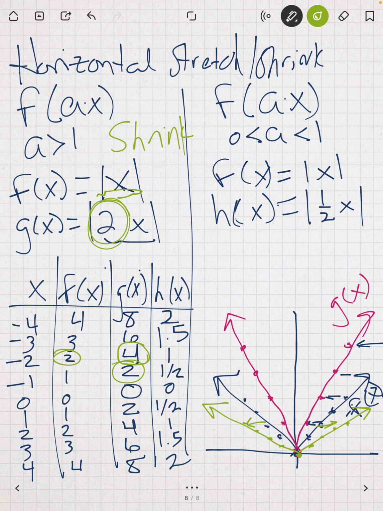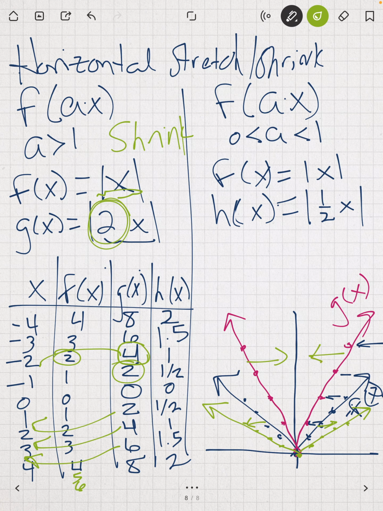Or where we were if we'd kept going down to say 6, it happens twice as fast at 3. 4 happens at 2, 2 happens at 1, right? Things are happening sooner. So we can think of shrinking that horizontally because our points get pulled towards the y-axis.